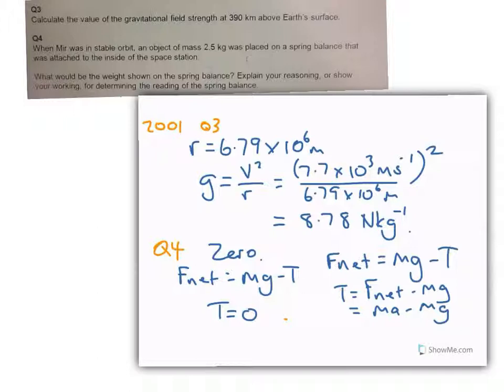So in this case we have a equals g. So that means ma take away mg is equal to 0, so therefore T is equal to 0. That's that calculation. Okay.